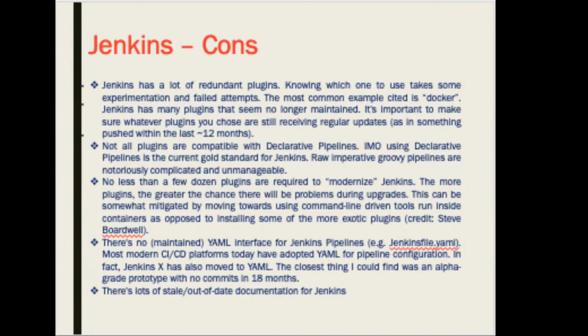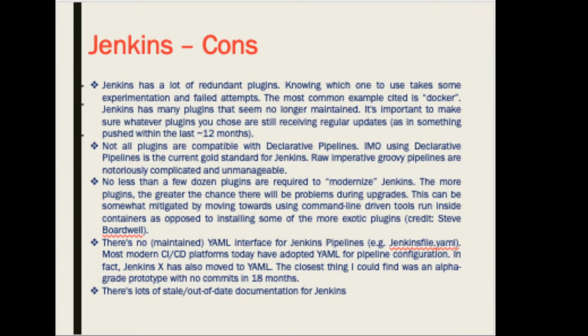The most common example is Docker. Jenkins has many plugins that seem no longer maintained. That is another problem. Not all plugins are compatible with declarative pipelines, yeah? That is another important thing. Sometimes you may need to use what is called the imperative pipeline as well.